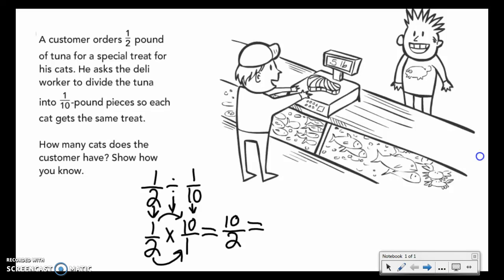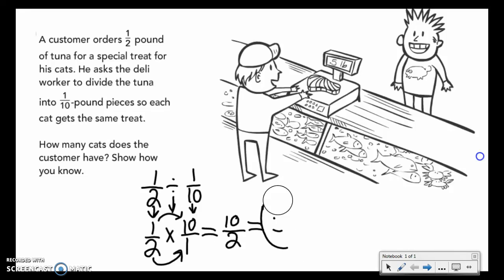Well, this can be simplified a little bit more. We know that 10 divided by 2, we have 10/2, it's like a division problem. 10 divided by 2 would give us a whole number, which is 5. Well, I'd at least hope you'd have a whole cat and not a fraction of a cat. So the person at the deli has 5 cats.